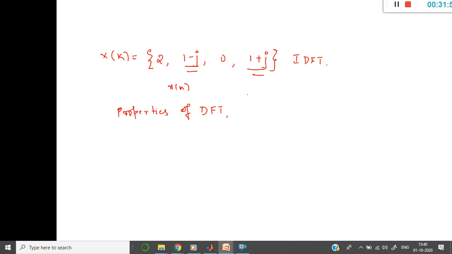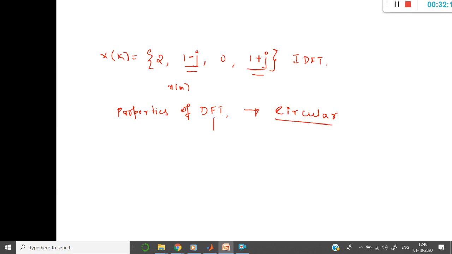The reason why we call it circular convolution, I'll tell you in the next class itself. From here onwards, remember clearly, the properties are with respect to circular convolution.